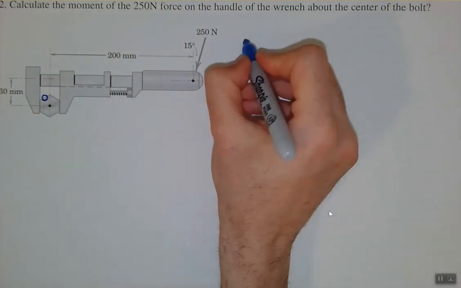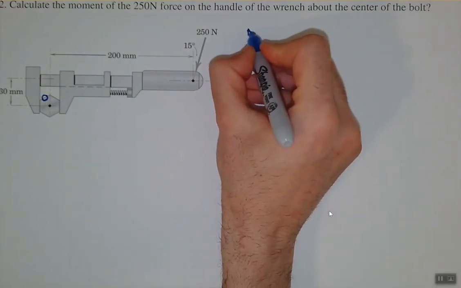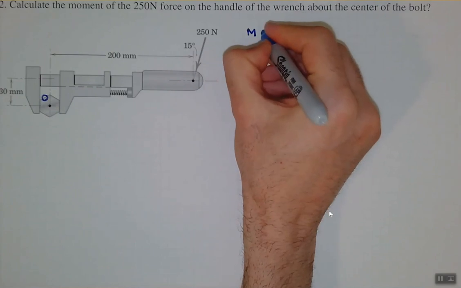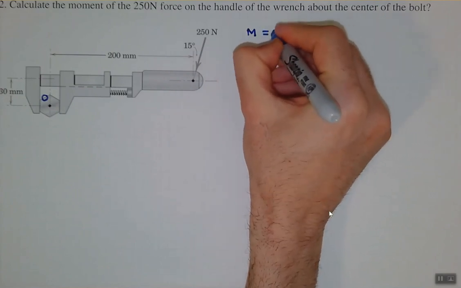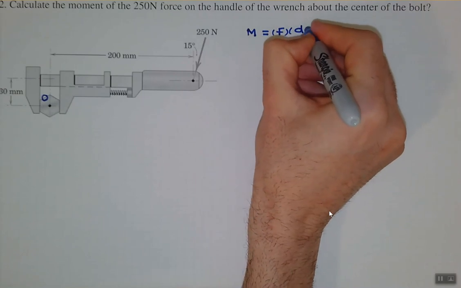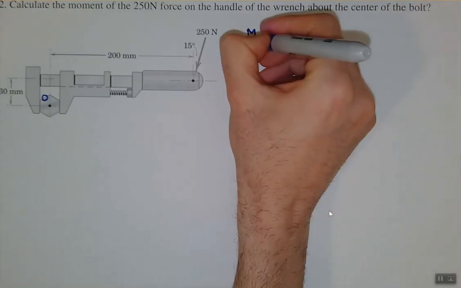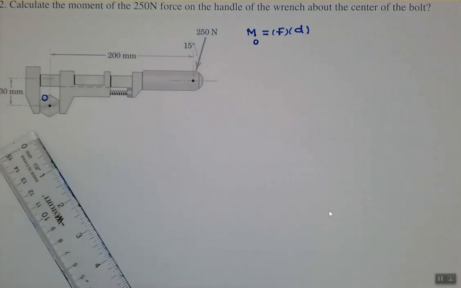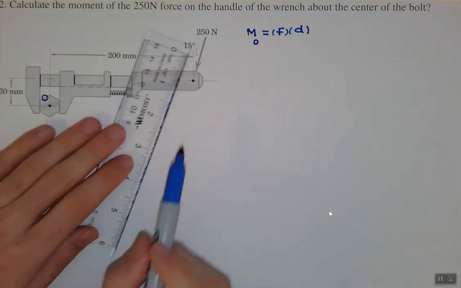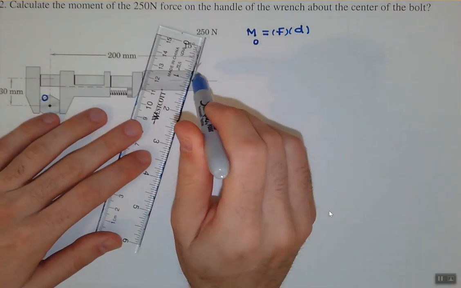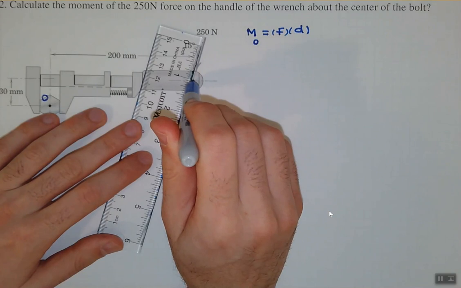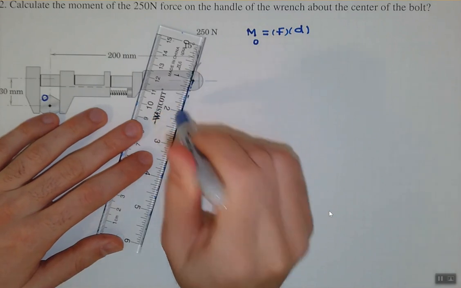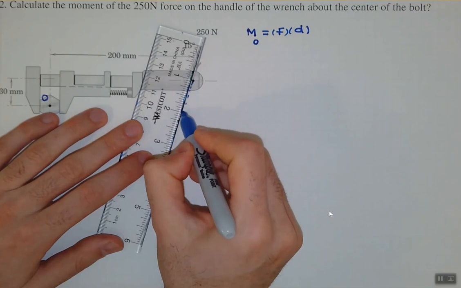So we learned that M, the moment, is equal to force multiplied by the distance. Let's call it d. So M_O, for example, is F multiplied by d. And what is d? We learned that we need to draw the line of action, a line that is collinear with the force.